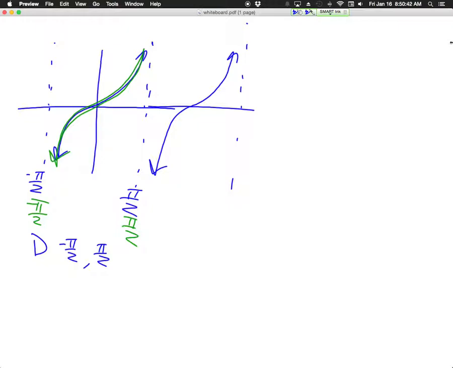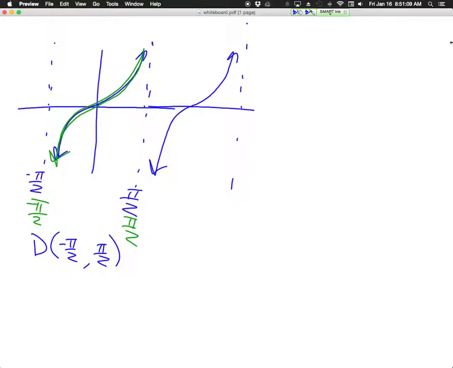What's different about the tangent graph and the sine graph? Asymptotes. Tangent has asymptotes. So what does that mean I have to put on negative pi over 2 and pi over 2? I have to put parentheses. That's the small difference between the domain of tangent and the domain of sine.